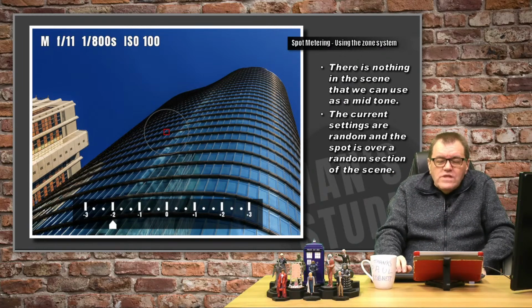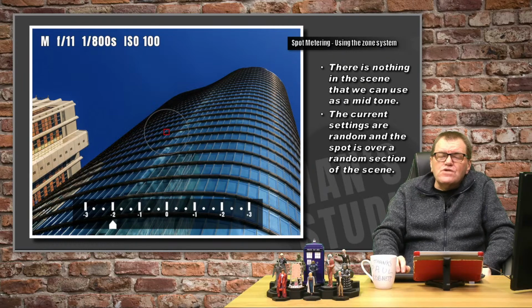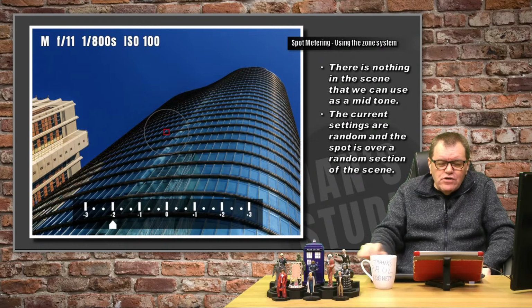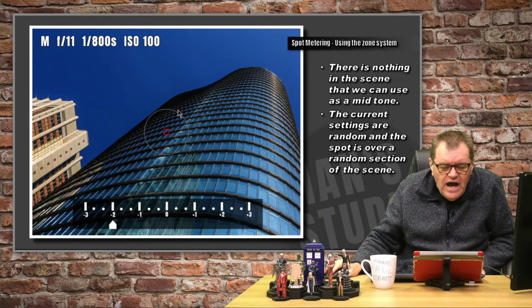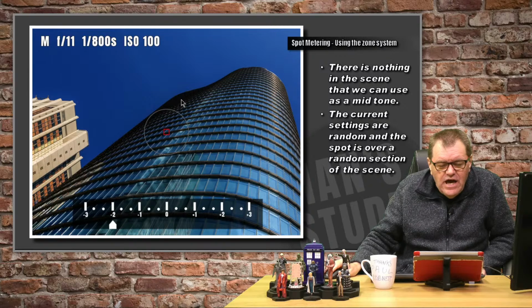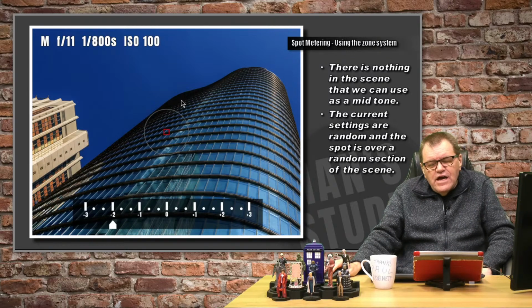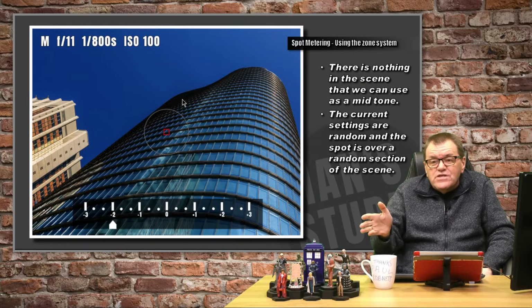So what I need to do is choose something within that scene that I can meter off. And I'm going to choose, if I can get my pointer on it, this area up here, which I think is 1 stop under a mid-tone.